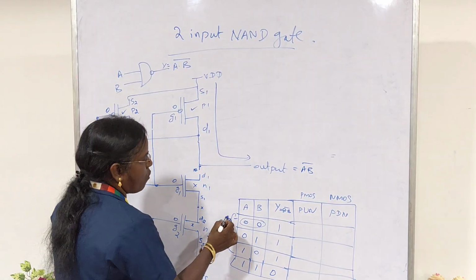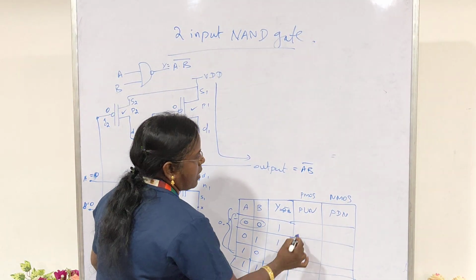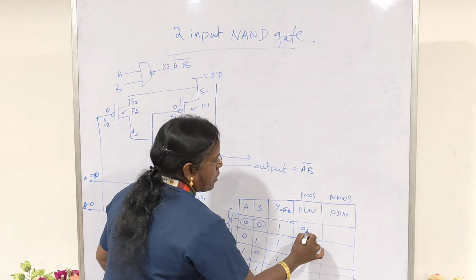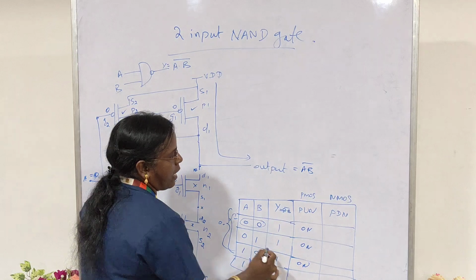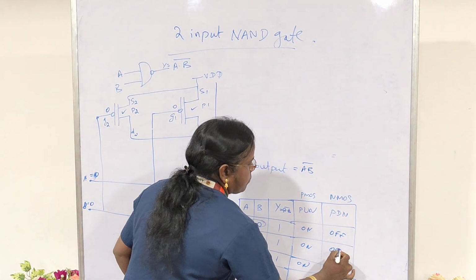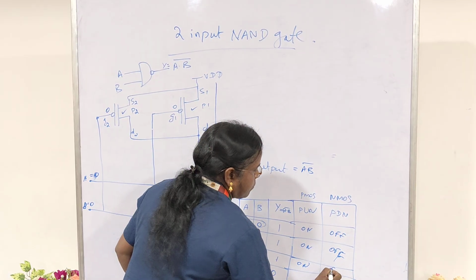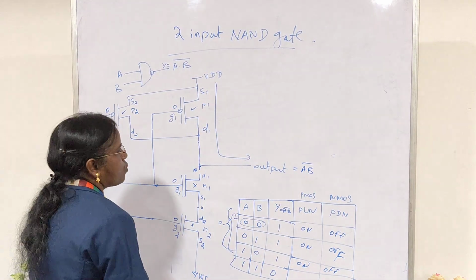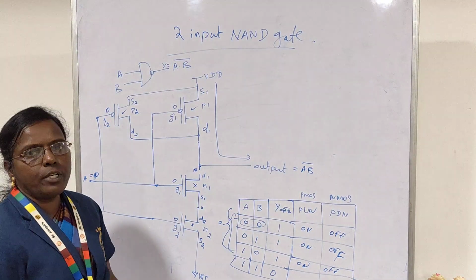So for all these combinations, the output logic will become 1 because my pull-up network is going to be active, but the pull-down network will be switched off. So this is how logic 1 is generated at the output terminal.